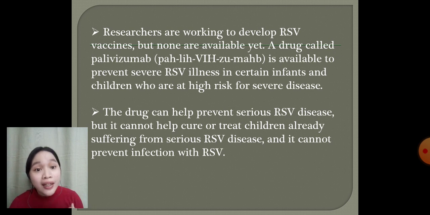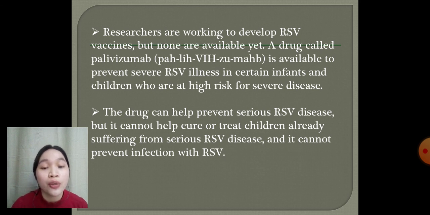The drug can help prevent serious RSV disease. It only prevents it from becoming serious, but it cannot help cure or treat children already suffering from RSV, those who are already serious. It does not treat or cure. It only prevents the illness from becoming serious. It cannot prevent infections with RSV.